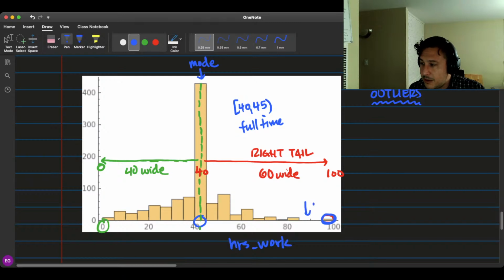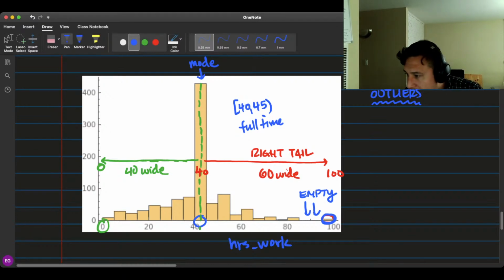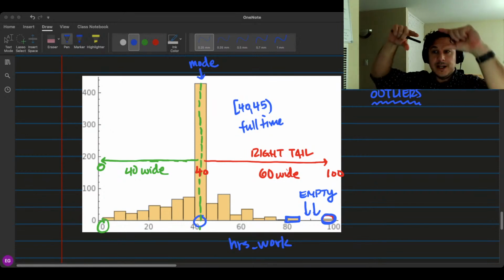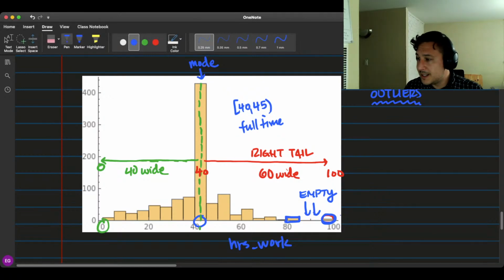Do you see how there could have been bins here, but it's empty? There is a bin right here, but then there are empty spots. An outlier is where there's some sort of gap of empty stuff. There could have been bins, but there weren't. And then you get this little island of people. So this over here is an outlier.